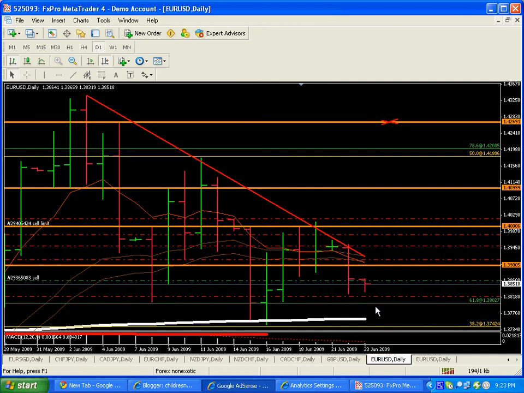Most likely the price will find support here, but this will be a good shorting. Probably when the price reaches 1.39, you can short it for 50 pips and catch a little profit here.